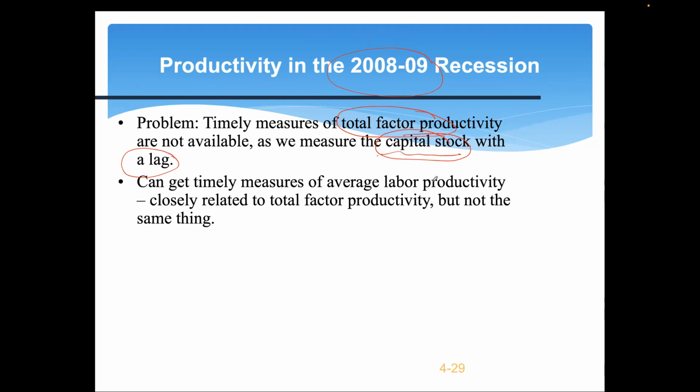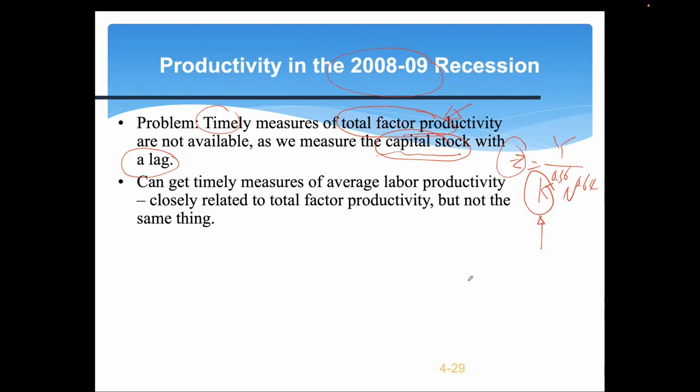In other words, we need to wait some time to have a precise measure of capital. Hence, we don't have a timely measure of TFP. Remember, TFP Z equals Y divided by K. This is a number here, and there's another number here. But if you are not able to measure K promptly, then you cannot measure Z in a timely manner.